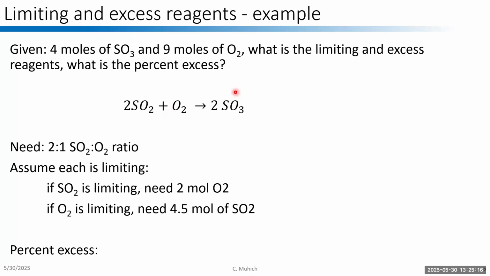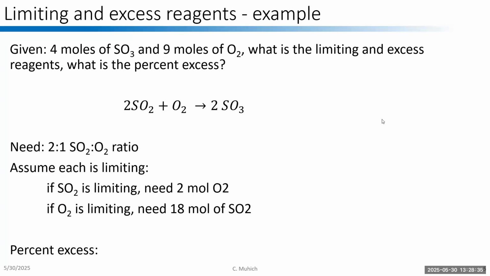All right, let's do an example looking at limiting and excess reagents. Let's say we have 4 moles of SO2 and 9 moles of O2. What is our limiting and excess reagent? And then what is the percent excess? If I have my reaction, I require 2 moles of SO2 for every mole of O2, so I need a 2-to-1 SO2 to O2 ratio. To determine which one is limiting, we can assume that each one is limiting and see how much of the other we would need.